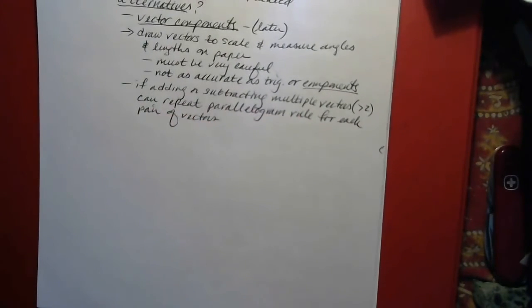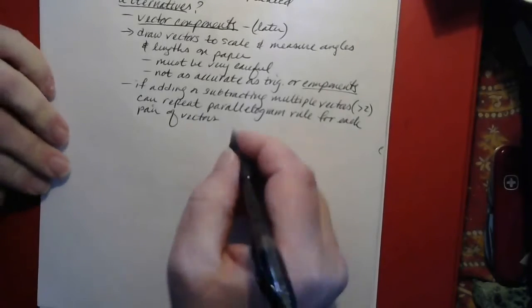So you take the first two vectors, use the parallelogram rule to find the resultant of that, and then you find the resultant of all the resultants.